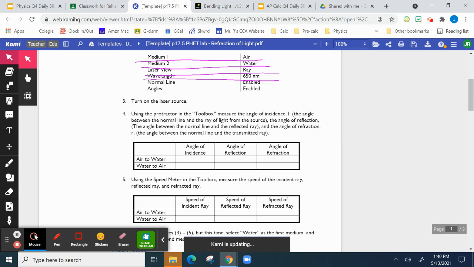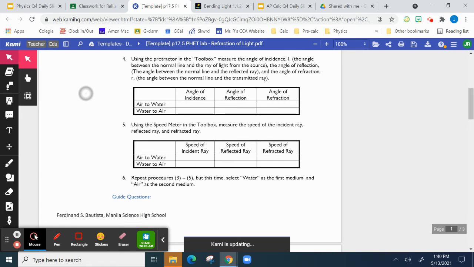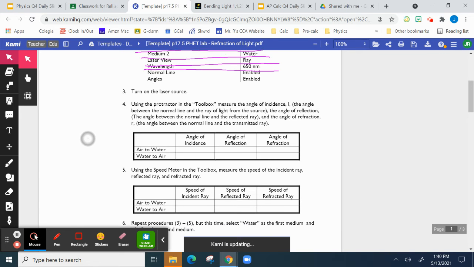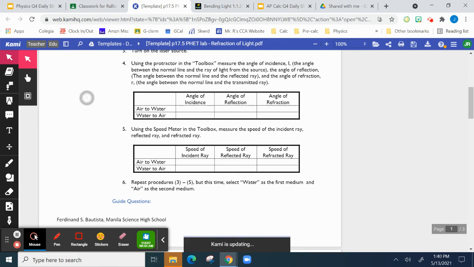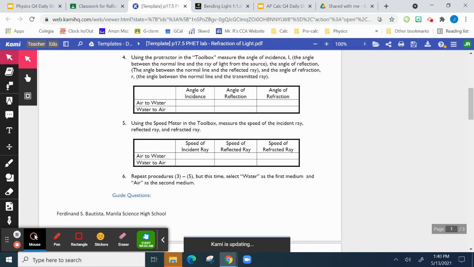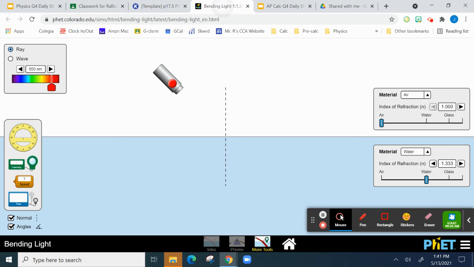Okay, so now what does it want us to do? Using the protractor tool in the toolbox, turn on the laser source. Measure the angle of incidence, I, the angle between the normal. This is where I definitely want to be walking you through things.